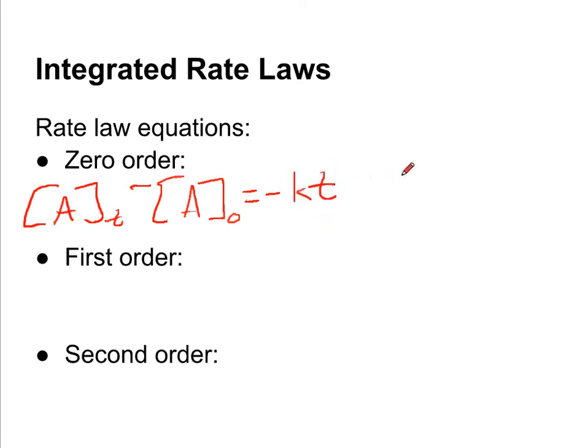The units for a zero order rate law are molarity per second, which is the same thing as moles over liters times seconds.